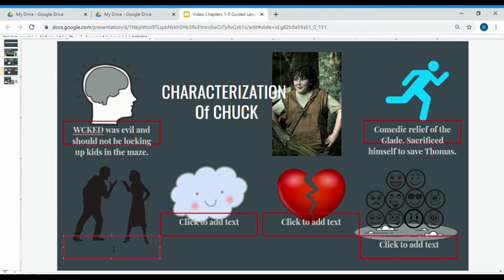So for conflicts, we're going to put down that emotional conflict with other gladers by treating him differently.